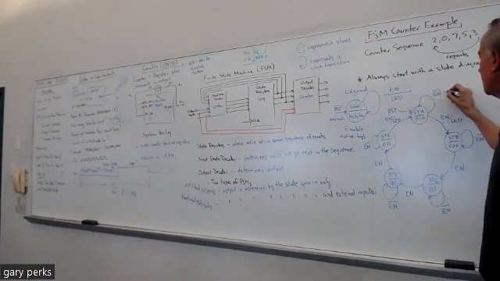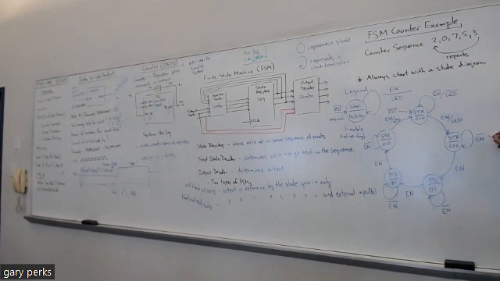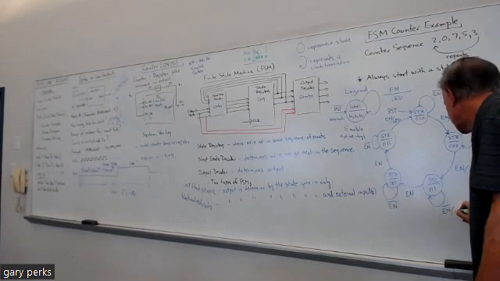So if I just stay in state A, I'm going to turn it off. If I just stay in state B, I'm going to turn it off. If I'm going from B to C, that's not the beginning or the end of the sequence, so I'll shut it off there too. I'm going to shut it off everywhere else except where the sequence starts and where it ends.